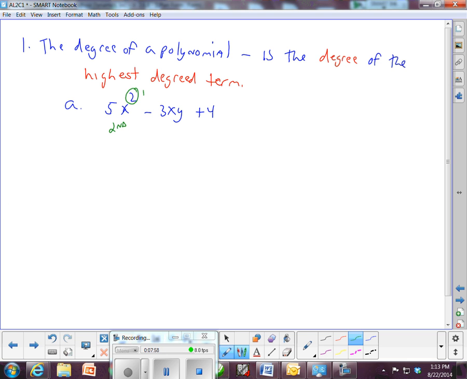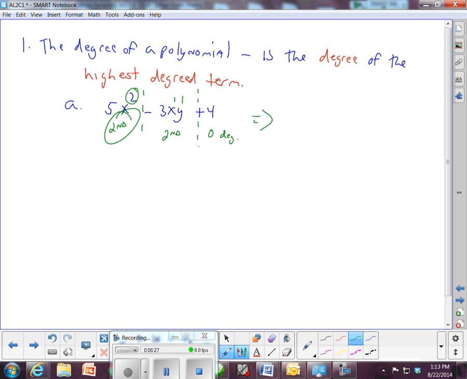Now, here's the second term, and of course both the x and the y have an understood exponent of 1. Add those up, and we get a second degree term there as well. The 4 has no variables, and therefore no exponents of those variables, so it's 0 degree. So what is the degree of the whole polynomial?